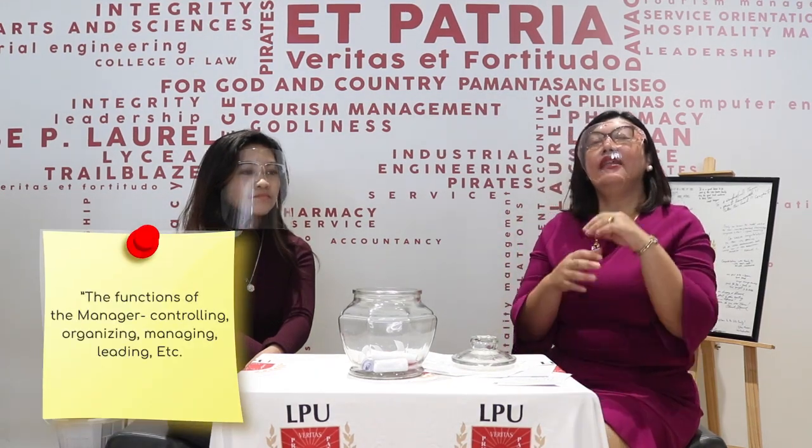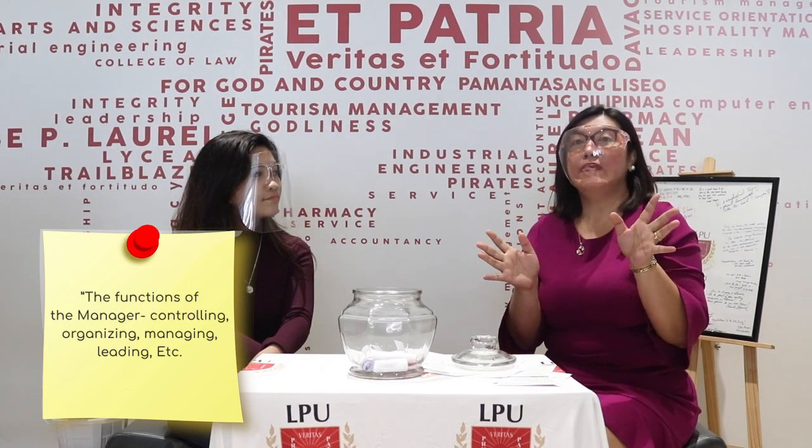Okay, so this is basically the third part of the business plan. The organization and management plan talks about how the manager manages the business, the functions of the manager like controlling, staffing, managing, leading, etc. In this plan, we can see the organizational chart, wherein we can see who manages the business and who are the people under them, the managers under the CEO, and then the employees.